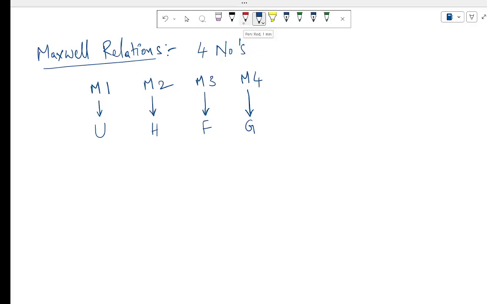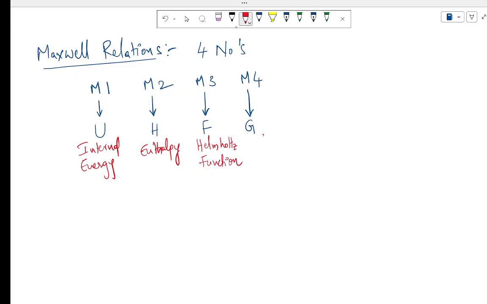So U is internal energy, H is enthalpy, F is Helmholtz function, and G is Gibbs function.